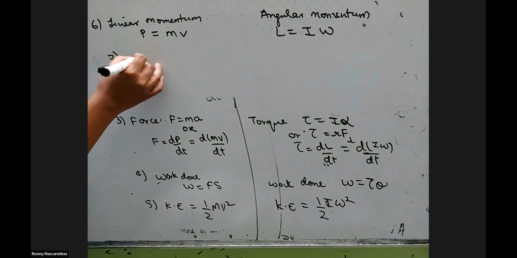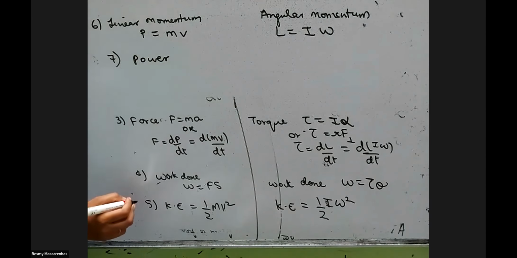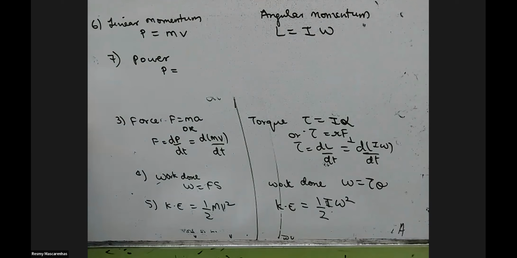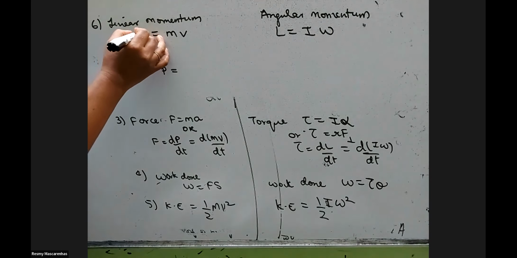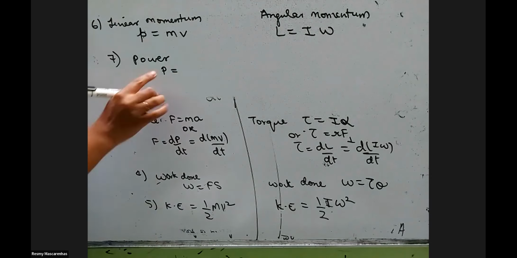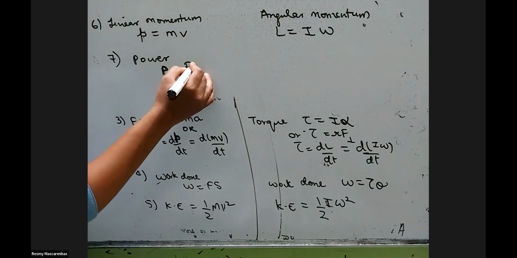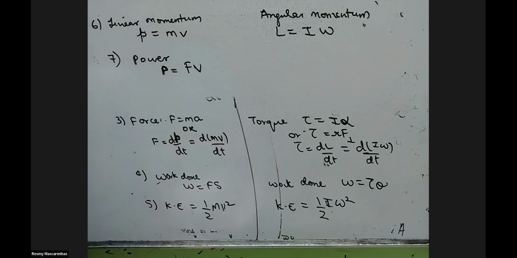Next is power. This you use a different small p, okay? Because this power and this should not mix up. Power P is capital, force into velocity.